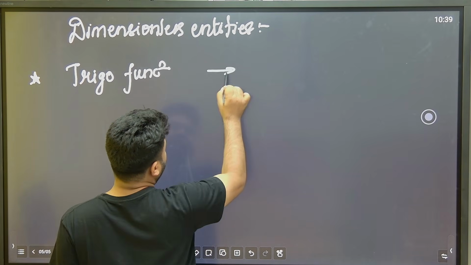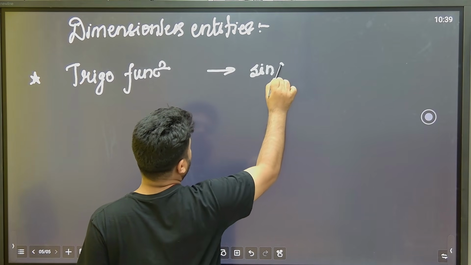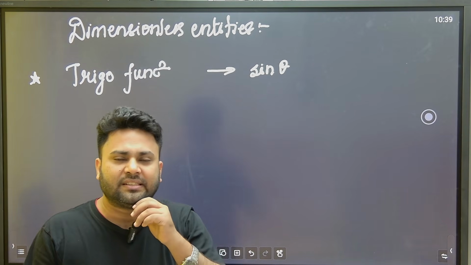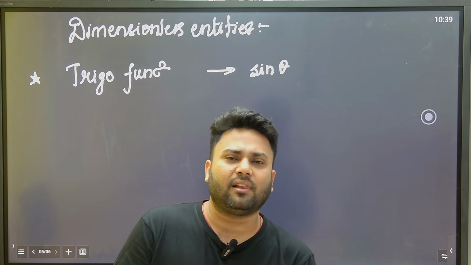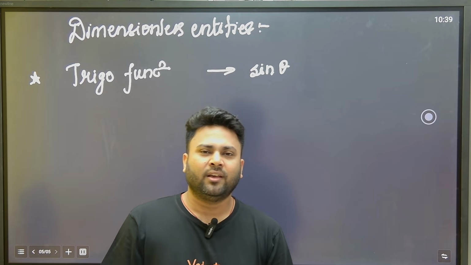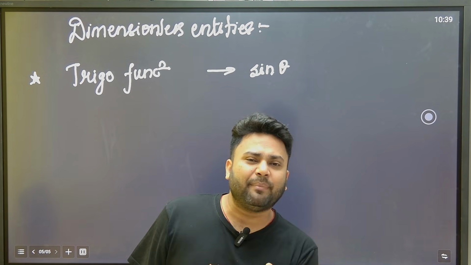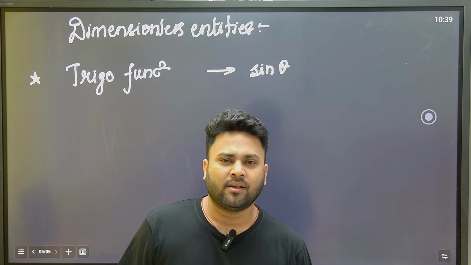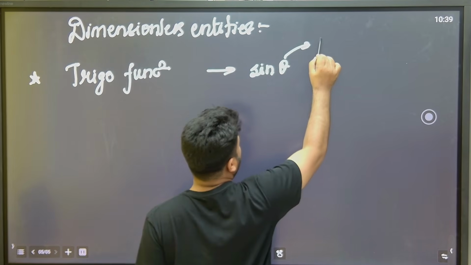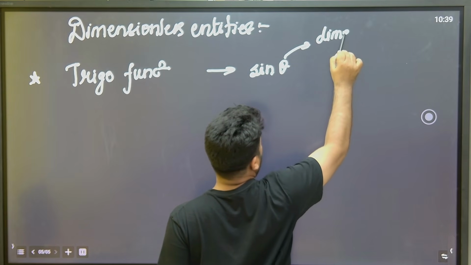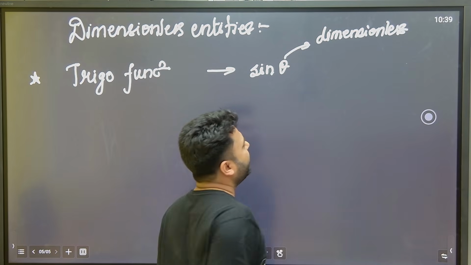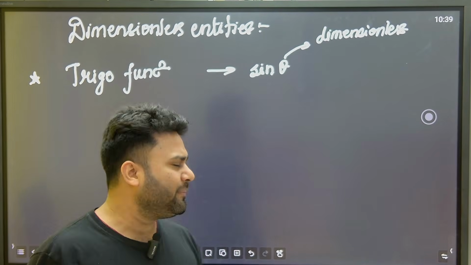How? See, if I say sine of any angle theta. Now we know that this theta is what? Theta is an angle. Suppose the angle is 60 degree. Correct? So this angle is dimensionless. How is theta dimensionless?